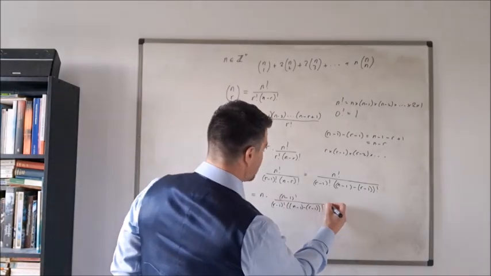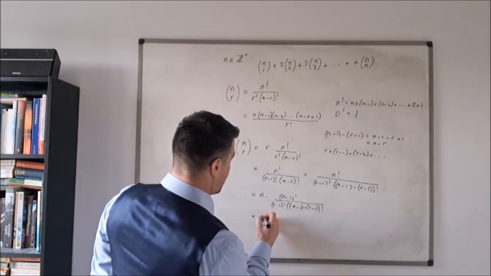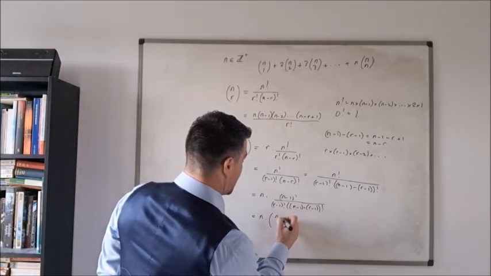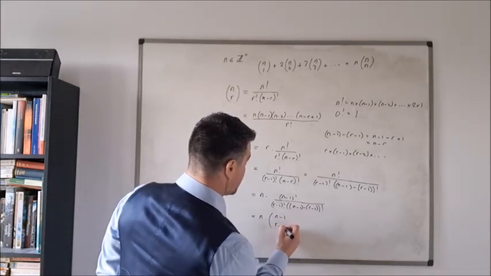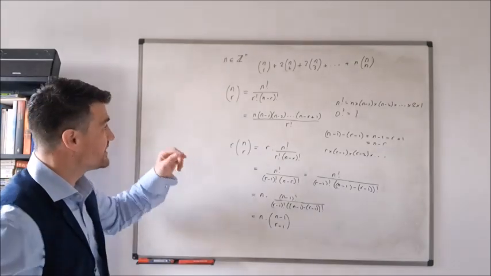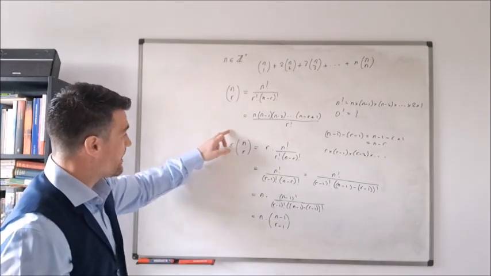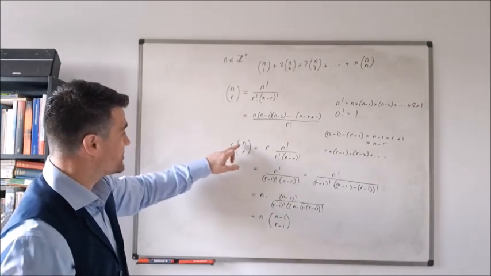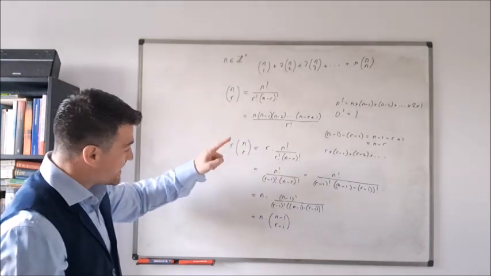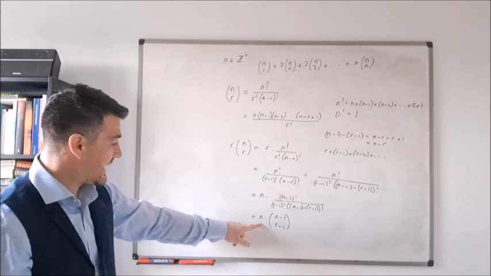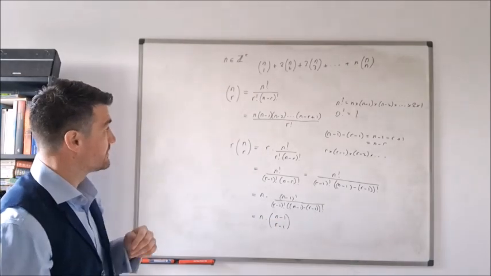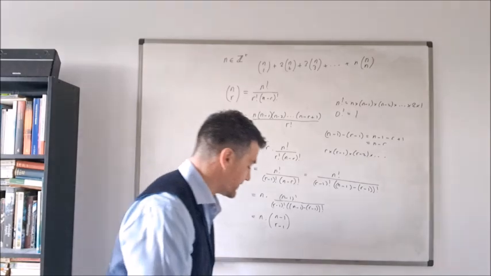But what I see here is that this is equal to n times n minus 1 choose r minus 1. Aha, okay, so this could be useful. This could be really useful because it means that wherever I see this symbol, r times n choose r, I can replace it with this symbol, n times n minus 1 choose r minus 1. That could be really useful for me.